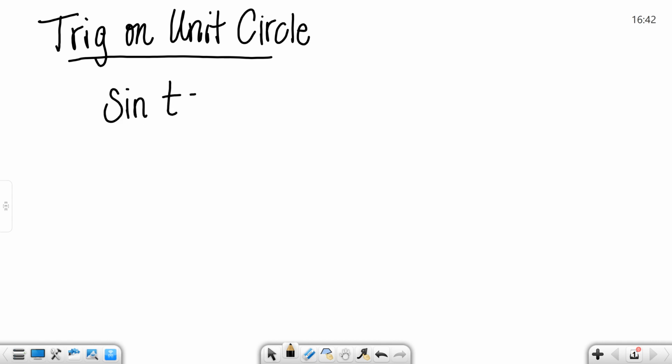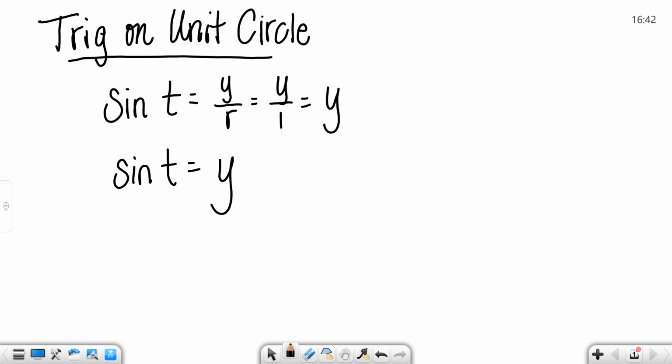So in section 3, we said that the sine of theta was y over r. Well, in the unit circle, we know that r has a value of 1. So really all we're saying is that the sine of t is y, but this is the reason for that. I just wanted you to understand why it was happening. The cosine of t is x.